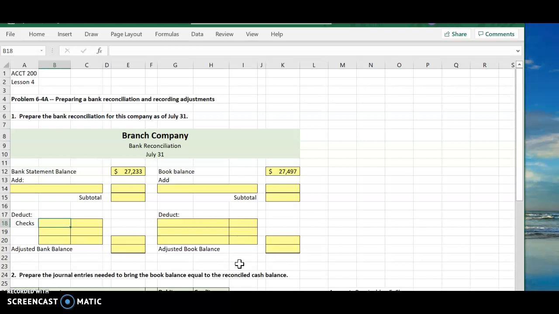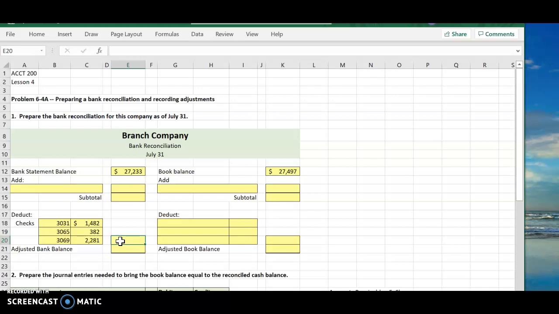So let's go ahead and enter those. Check 3031 for 1,482. Check 3065 for 382. And check number 3069 for 2,281. How you would do this is you would go through your actual cash ledger and compare it to the checks listed on your bank statement and check them off.